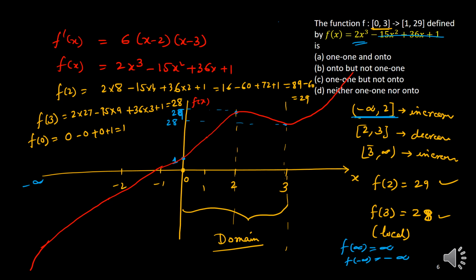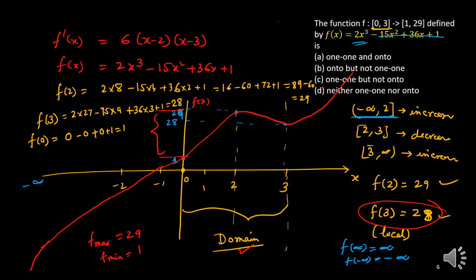So what is the maximum value? F max within this interval is 29. What is the f min? Remember, this is the local minimum, decreasing up to minus 28. But this is your range, because it was from 0 to 3, it will start from 1.